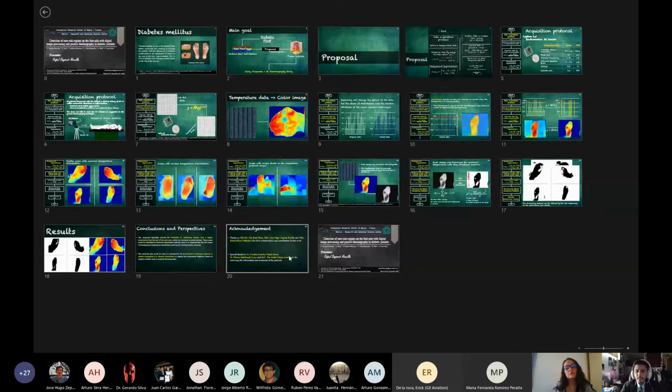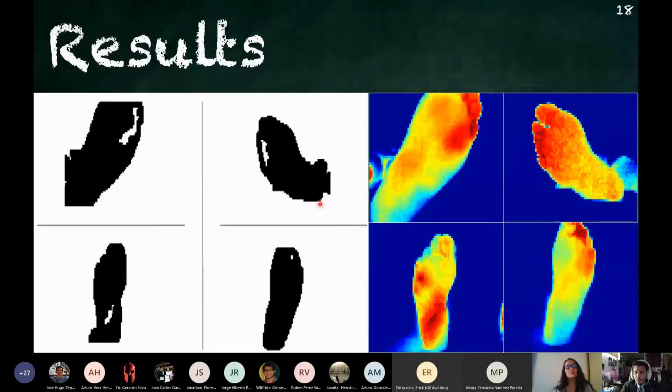I may say that the first region of interest is the sole of the foot, and then it is intended to segment only the regions that have higher intensity than the rest of the region, the first region of interest. Okay, got it.